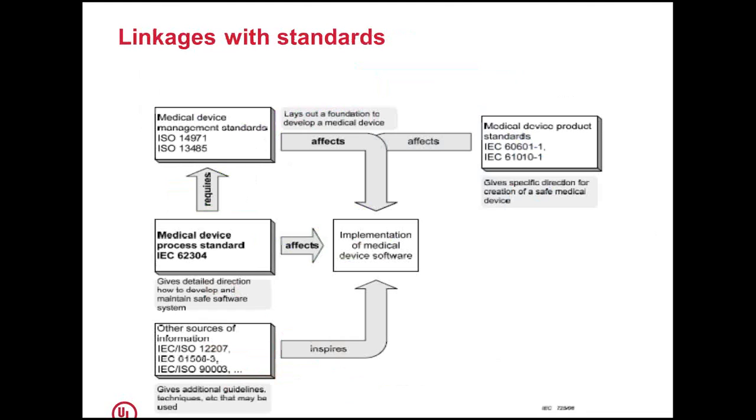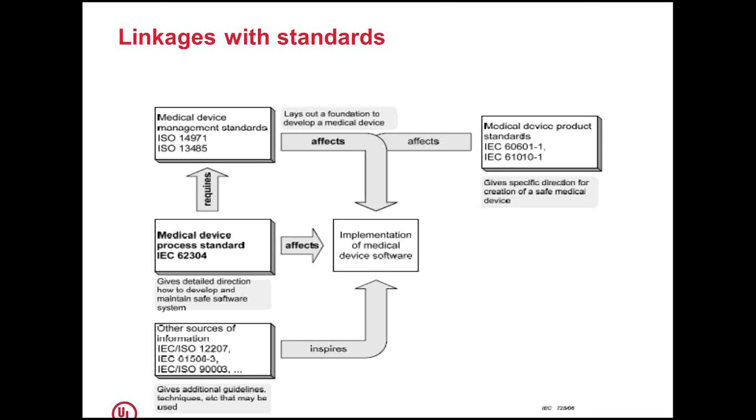This flowchart will help in better understanding the linkages. So we have the medical device process standard IEC 62304, and there is a requirement in this standard that the medical device software manufacturer needs to have a quality system in compliance with 13485, and also needs to have a process in place for risk management in compliance with 14971.